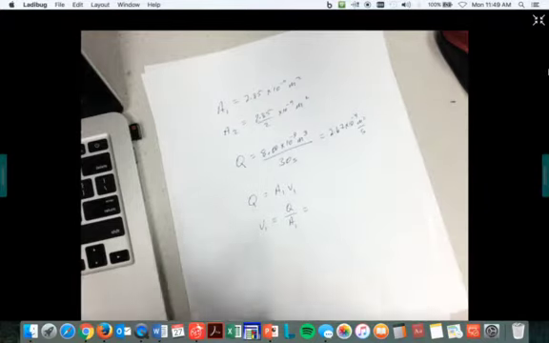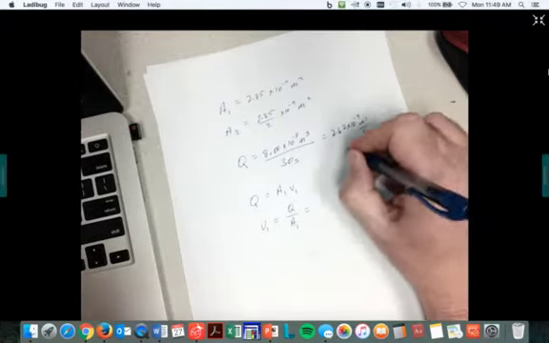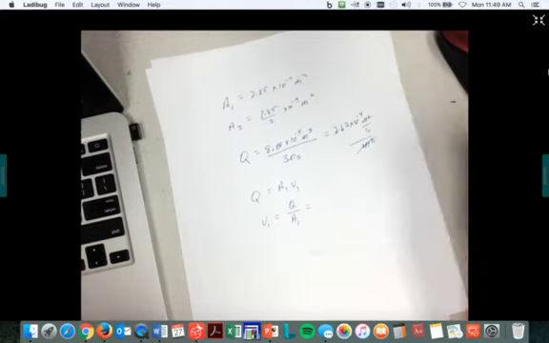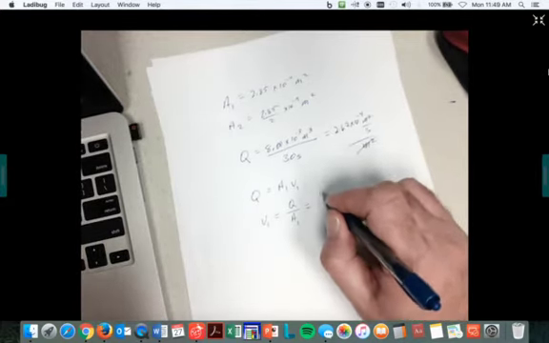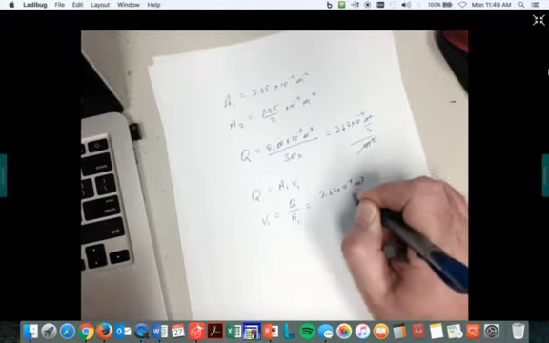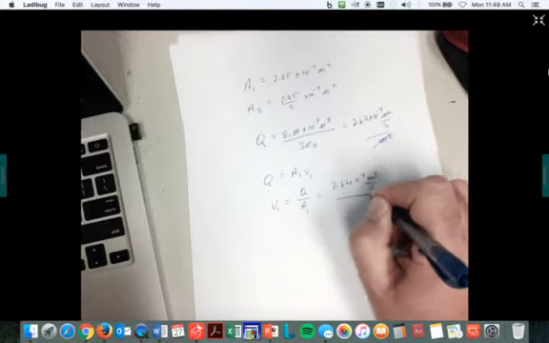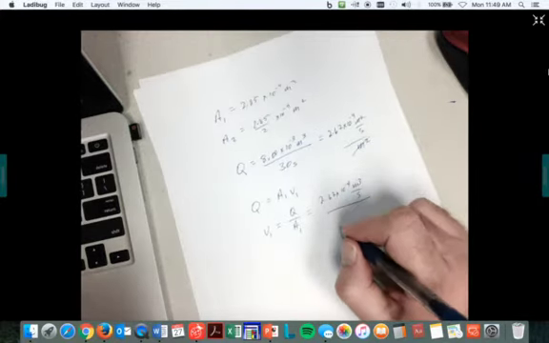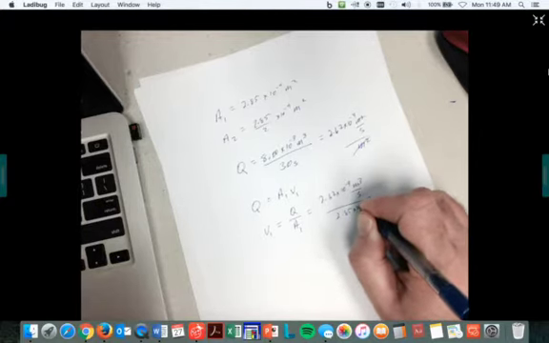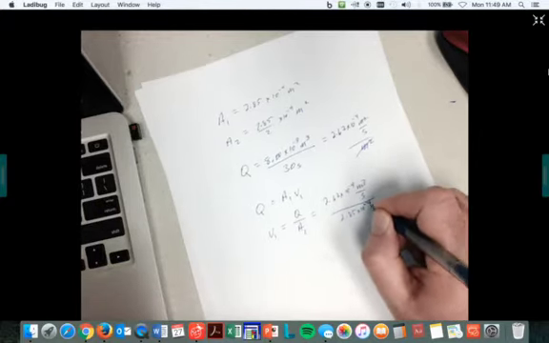Now, look what happens when I divide this by an area, by a meter squared. That cancels, that cancels, I wind up with a velocity. See how that works? So I'm going to take 2.67 times 10 to the negative 4 meters cubed per second divided by 2.85 times 10 to the negative 4 meters squared.